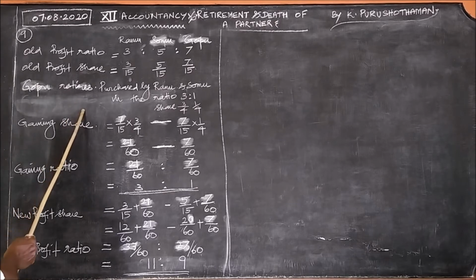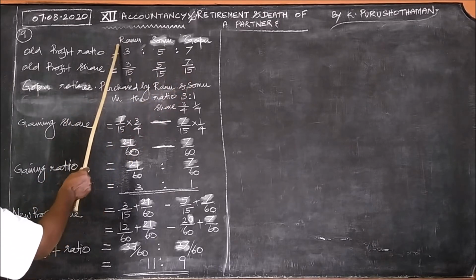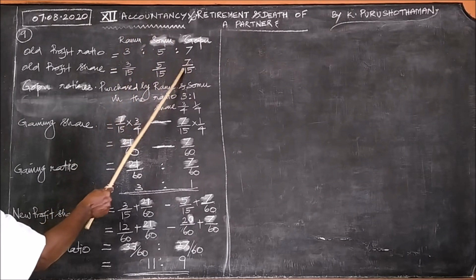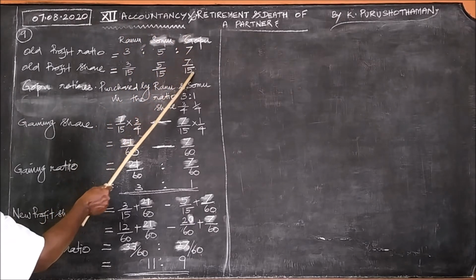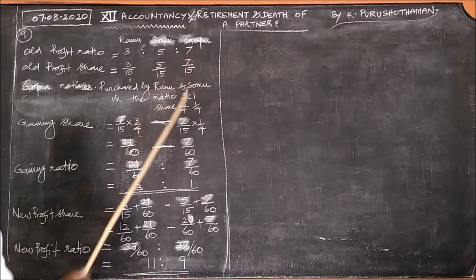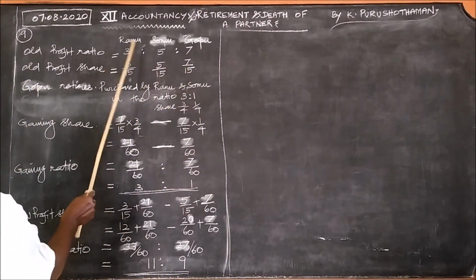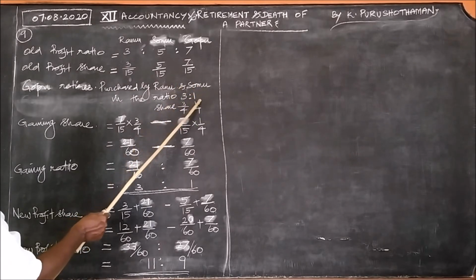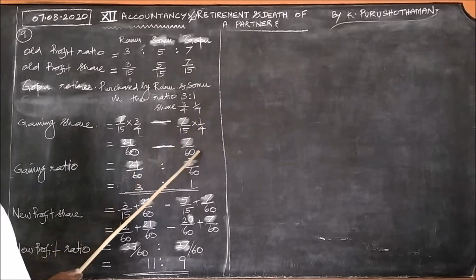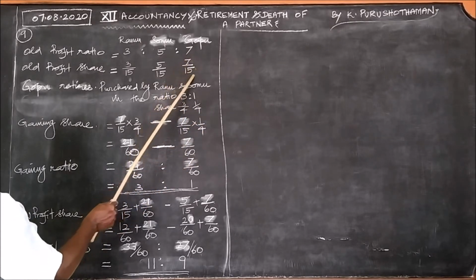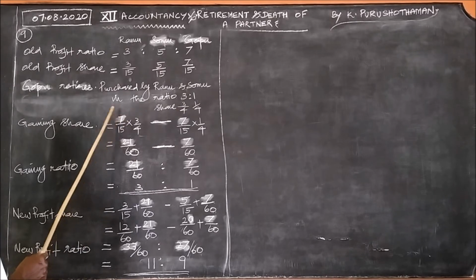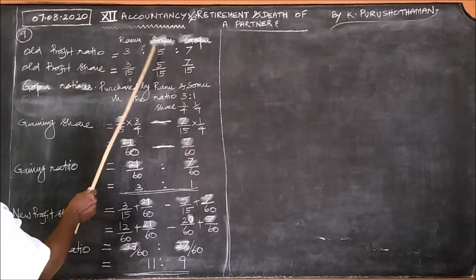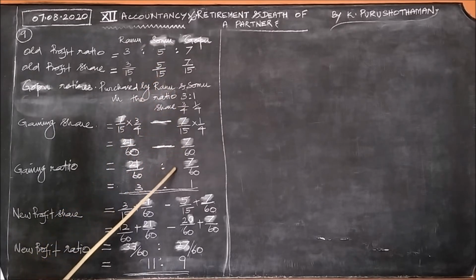Gobu retires, purchased by Ramu and Somu. These two persons will share it. Gobu's share is 7/15. How is it shared among these two in the ratio 3:1? That is 3/4, 1/4. So, from this 7/15, 3/4 is taken by Ramu, and 1/4 is taken by Somu.